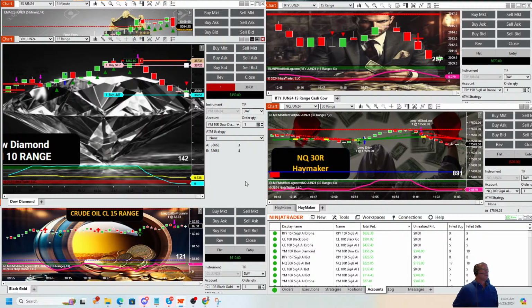That stop on the NASDAQ scalper, though, is going to be way too tight now that I'm thinking about it. At 10 ticks, it's just got no room. But we could try it. What a nice trade here on the Dow.